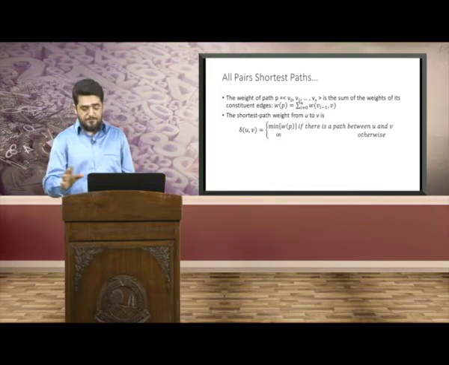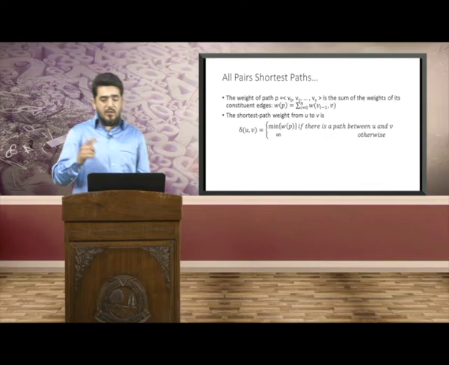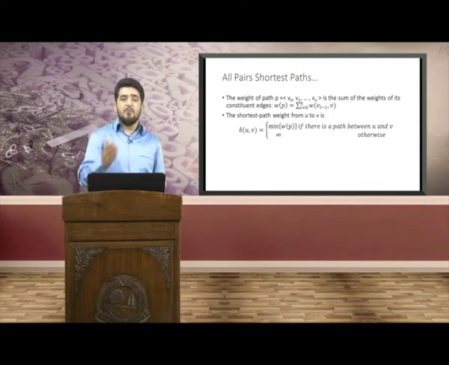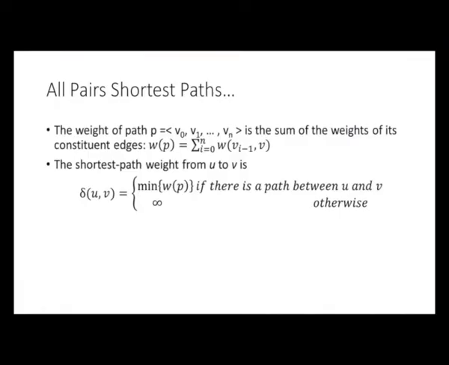Now the shortest path weight from a vertex U to a vertex V: let's consider two vertices U and V. The shortest path weight between these two vertices is the minimum weight if there is a path between U and V. What does this basically mean?